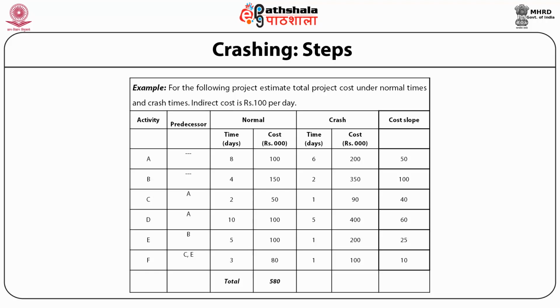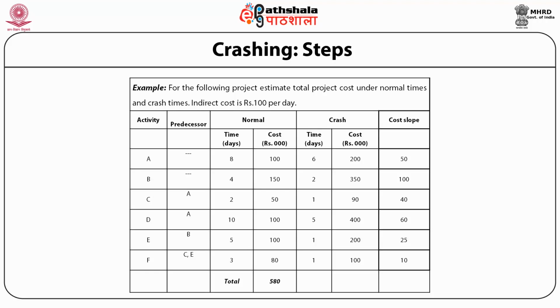Activity B, predecessor nothing, time 4 days, cost 150, crash time 2 days, cost 350, cost slope 100. Likewise, activity C, predecessor A, time 2 days, cost 50, crash time 1 day, cost 90, the cost slope becomes 40.